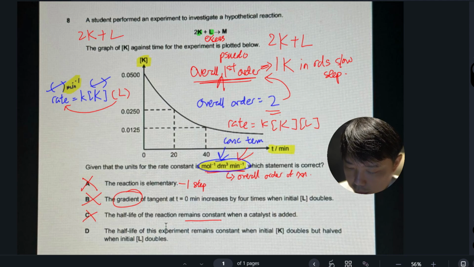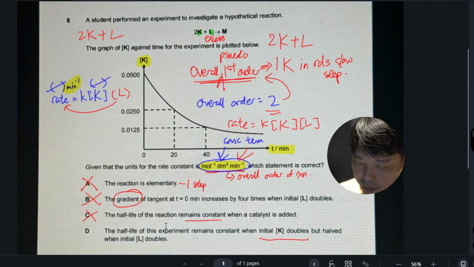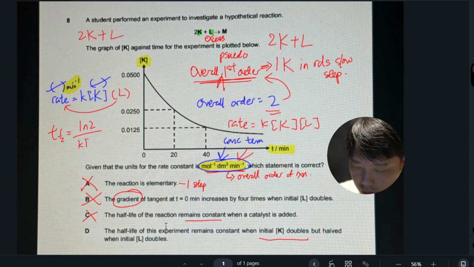Half-life of this experiment remains constant when K doubles. This is true because remember your formula here, T half equals ln 2 over K, the reactant in excess.